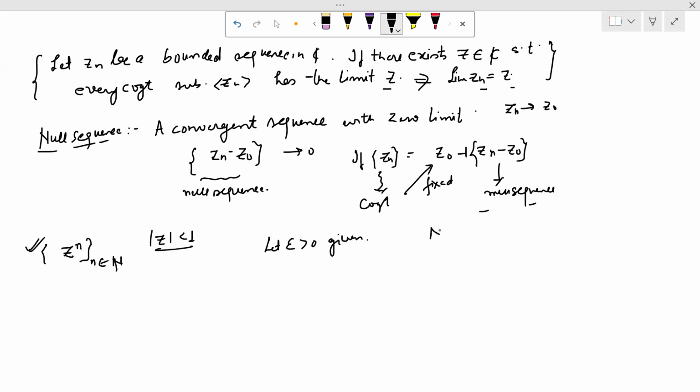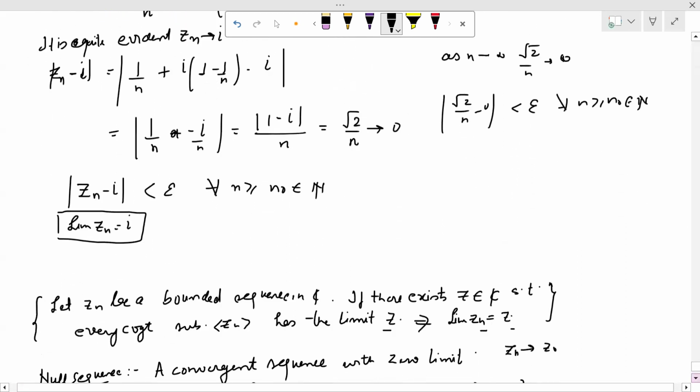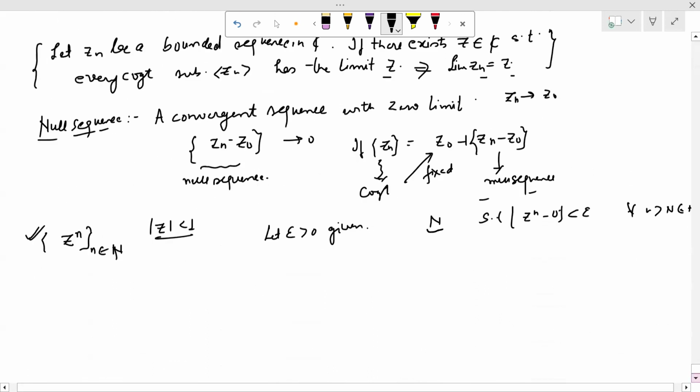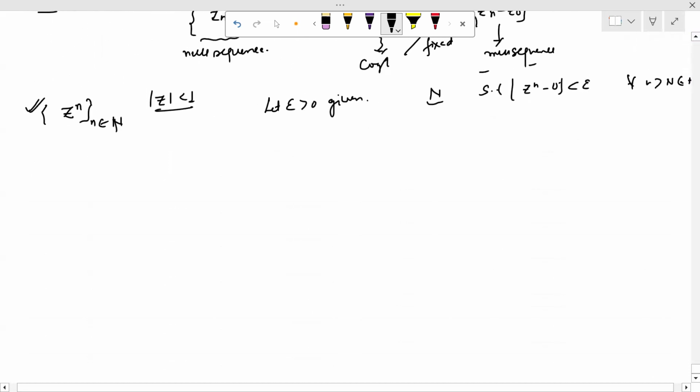Now we have to find some value of N such that modulus of Zn minus 0 should be less than epsilon for all n greater than or equal to capital N. So if I'm able to find this particular capital N, such that modulus of Zn minus 0 can be made less than epsilon for all n greater than capital N, then I would say that limit Zn is equal to 0.